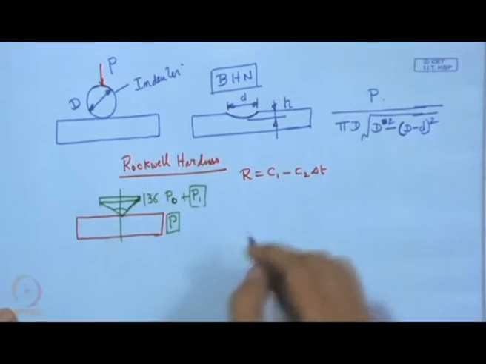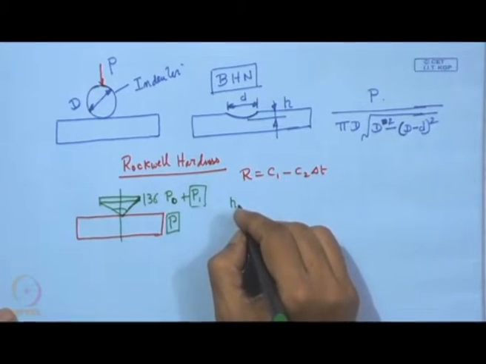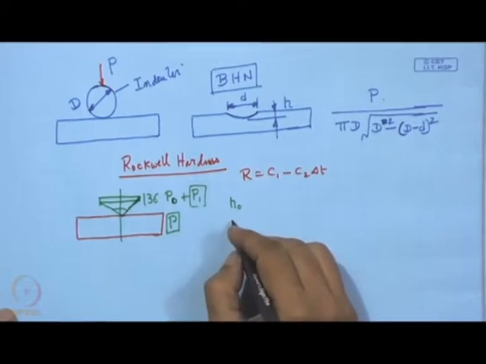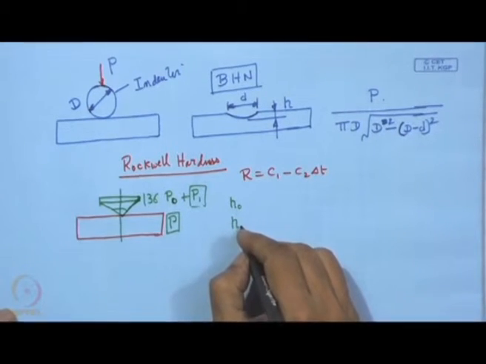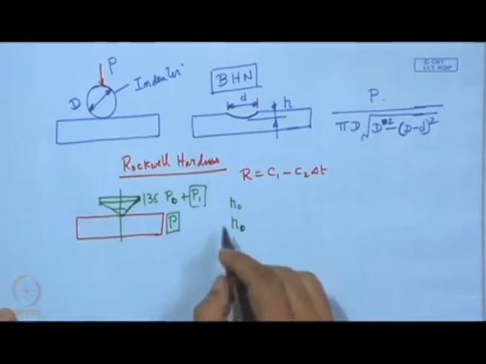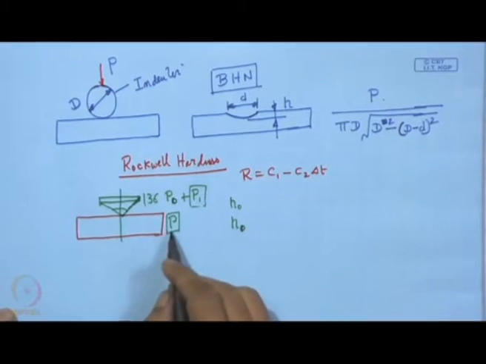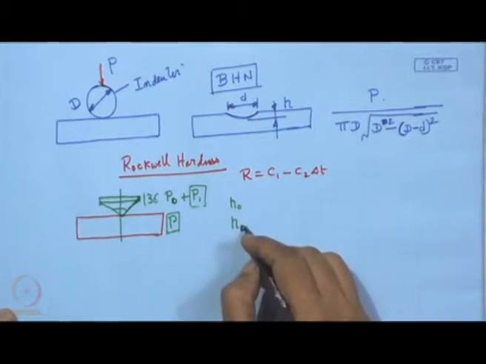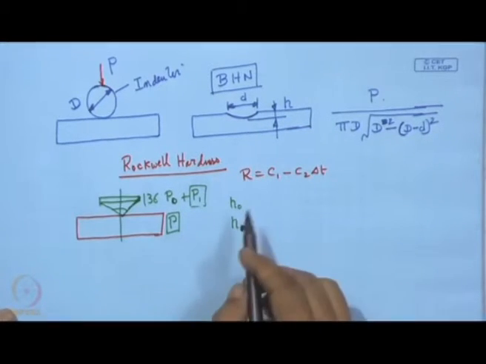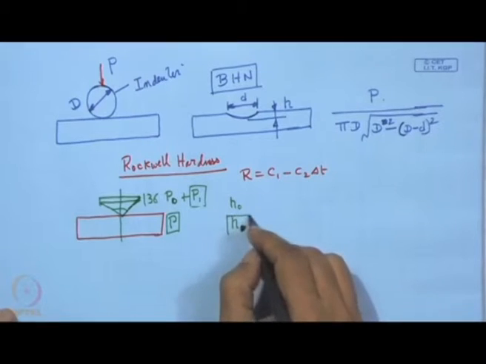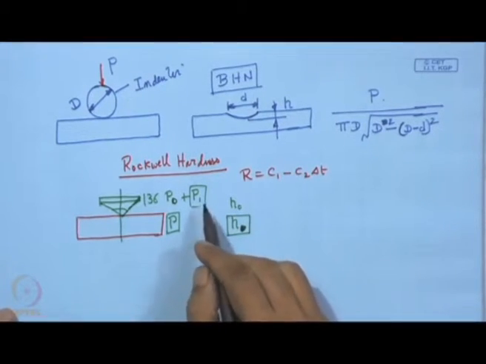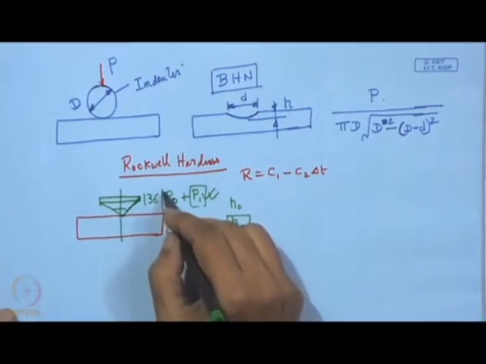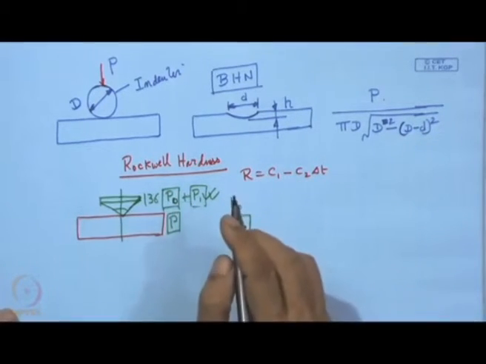So, we have actually penetration because of P0 and then penetration H because of this total load P0 plus P1, and that gives us H, and this penetration is measured after removal of this additional load, but retaining the original primary load.